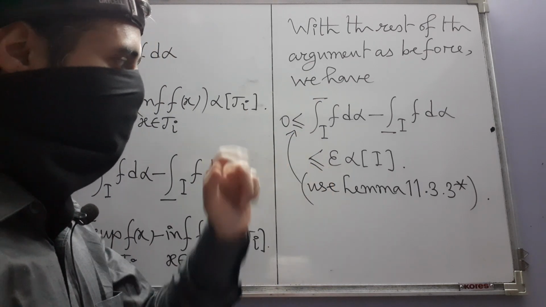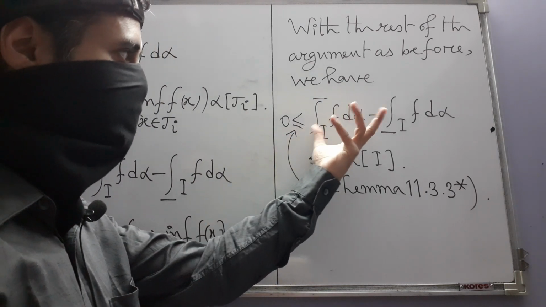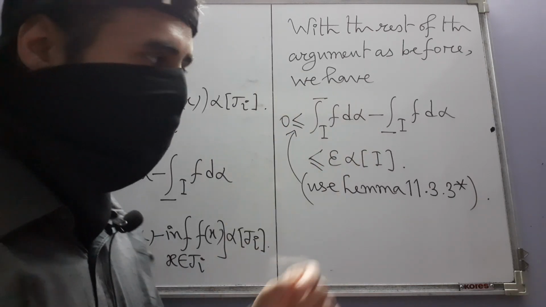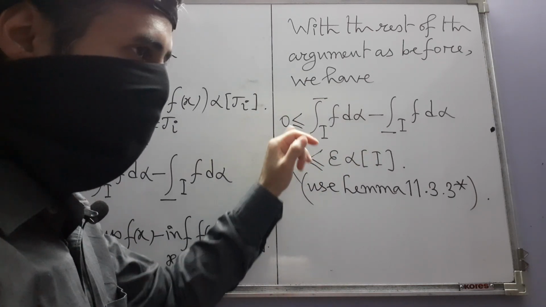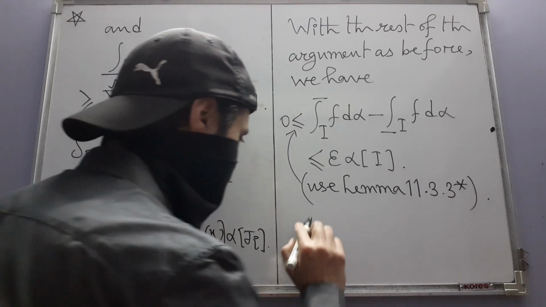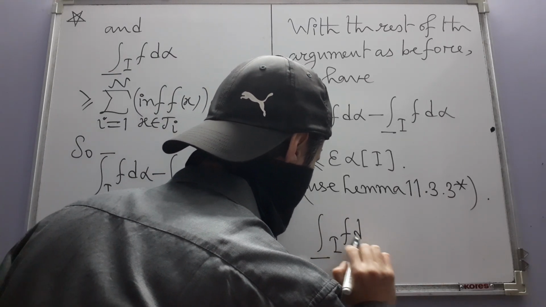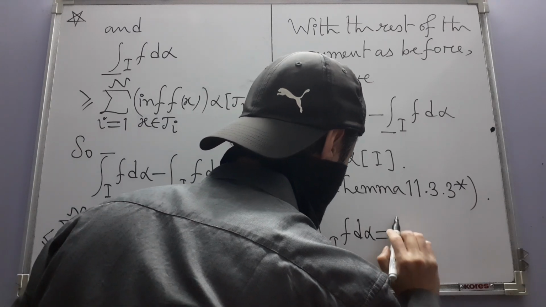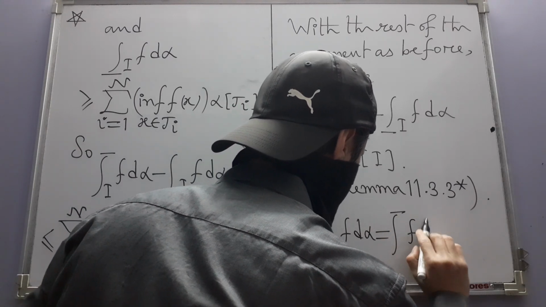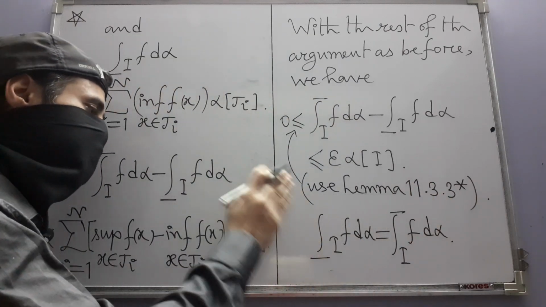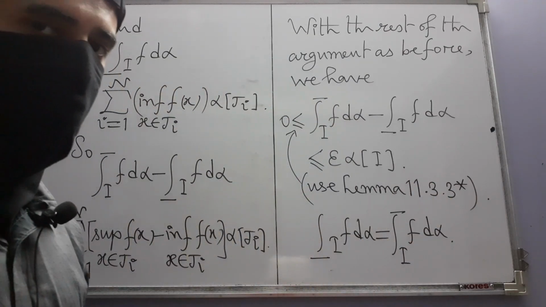Now the arbitrary nature of epsilon forces this to be not positive, but we have this also, so it must be 0, and that is how you have equality. And that is why f is Riemann-Stieltjes integrable.